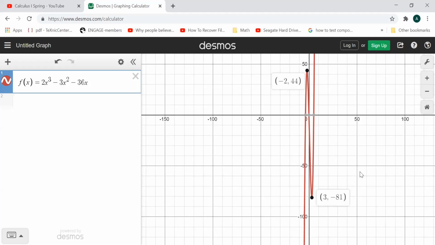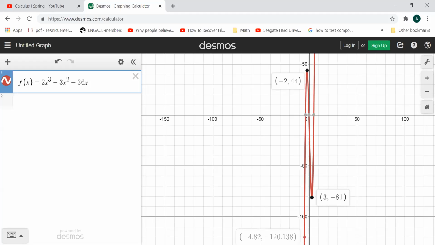Now, as you can see, none of them is an absolute minimum or absolute maximum. For instance, (3, -81) is a point of local minimum. But of course, if you go a little to the left, you will see this point, (-4.82, -120 point something).